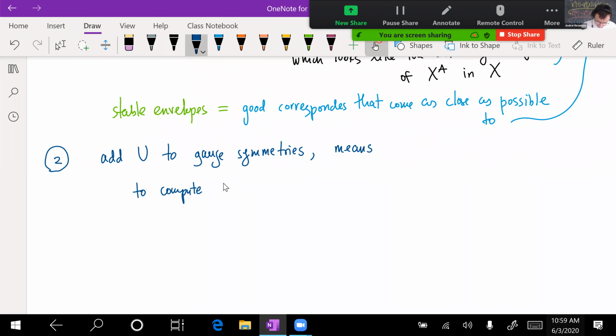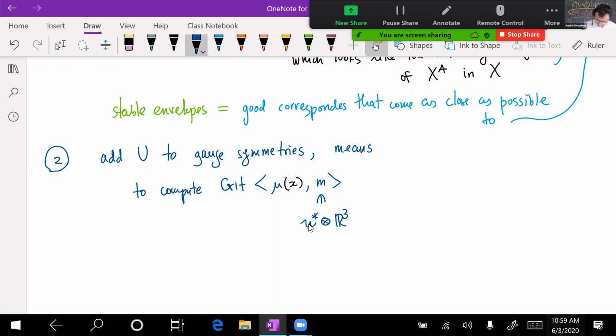to compute the critical locus of the moment map paired with M, with respect to X in X, maybe I'll write mu of X paired with M, and that M is an element in U dual, three copies of it.